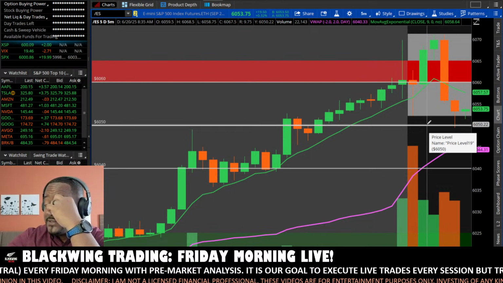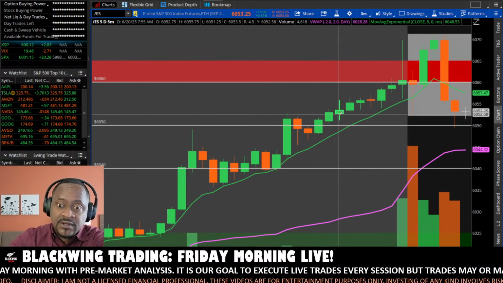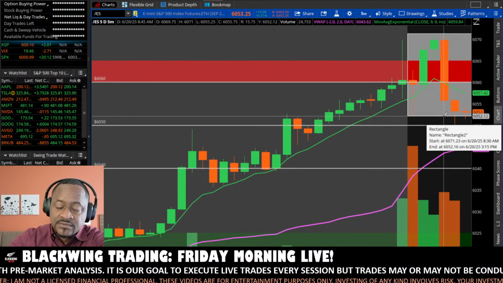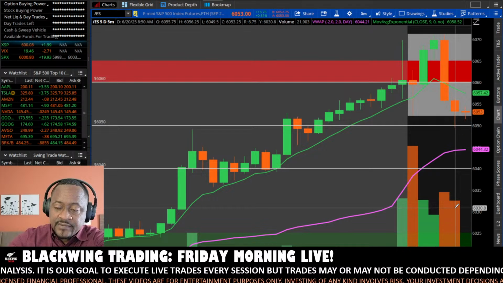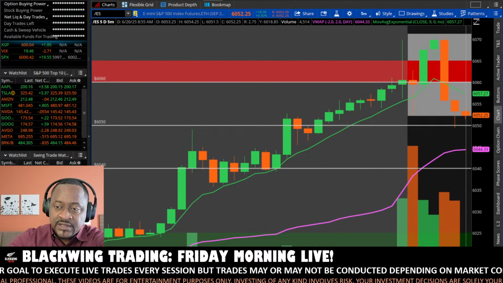Let's just wait and see, but it doesn't look like it wants to go too much lower than the 60-50s. Still hovering around this area. The last couple of volume candles have been selling volume. This one is coming in selling as well.